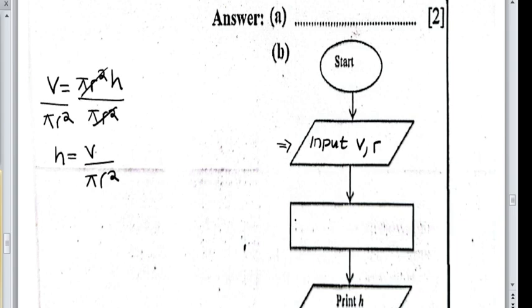This is how you write it: h equals volume over pi star radius star radius. Then print h. So that's basically how you can do this one. It was a straightforward one.